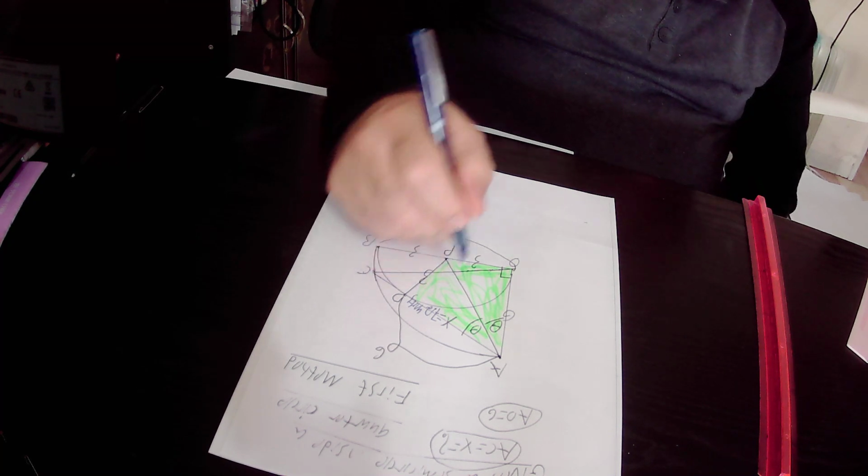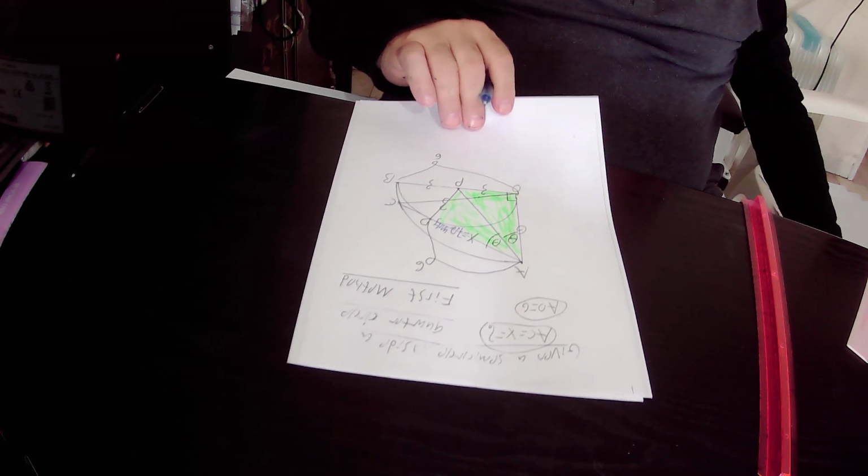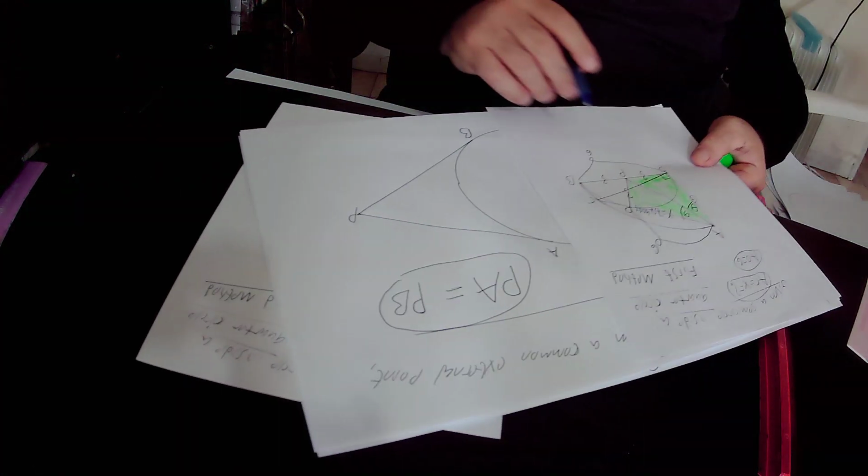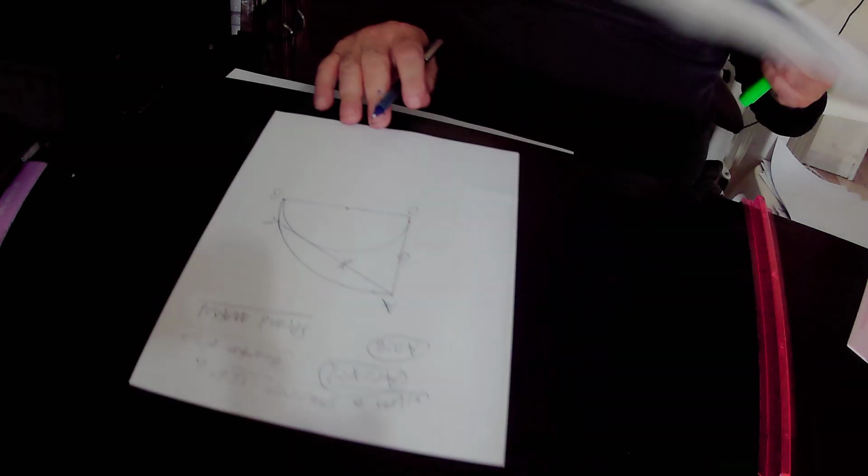We finished with the first method. In the next step I will present to you how to find out the length of line segment AC that is equal to x according to the second method.